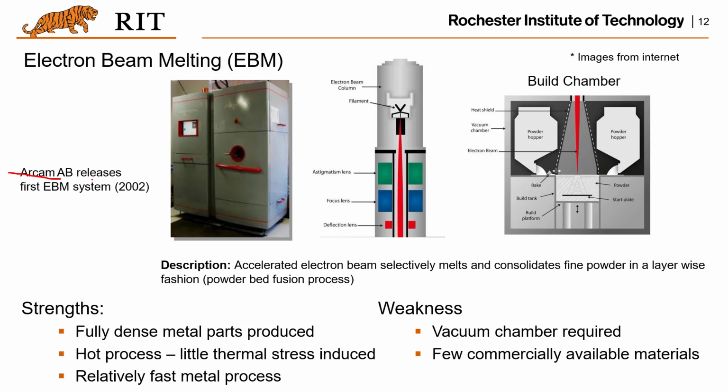For EBM, you can only use a few materials which can conduct electricity. For nylon, I mean plastic or ceramic material, you cannot use it. But in selective laser sintering, you can use plastic, ceramic, and metal materials. So that's the big difference between EBM and SLS.